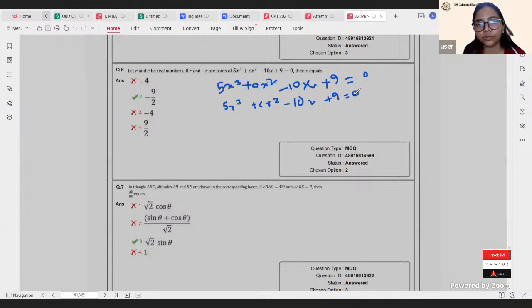And the same goes for minus r also. So 5 of minus r cube. In this way, we are going to write the same equation. Plus c of minus r square is essentially cr square, right? Minus 10 of minus r plus 9.